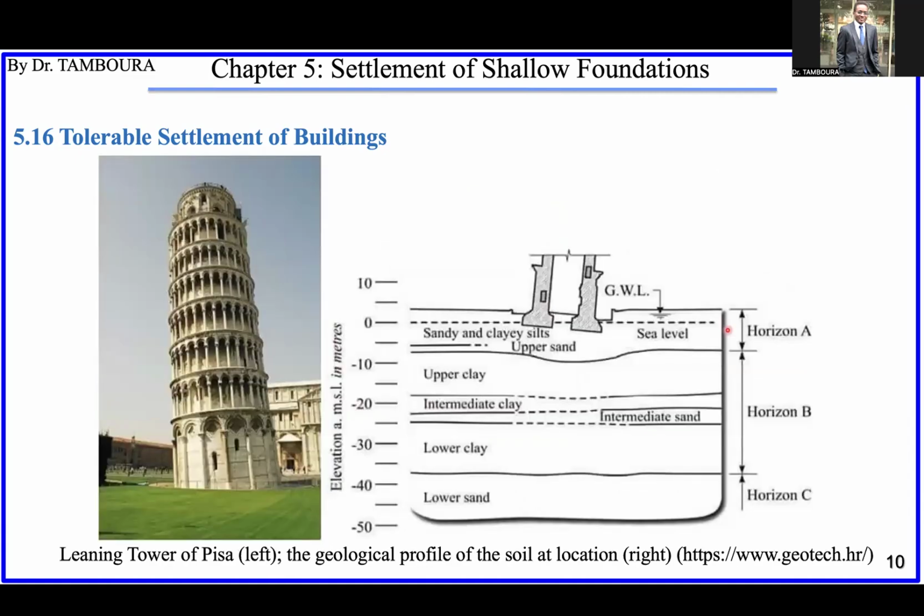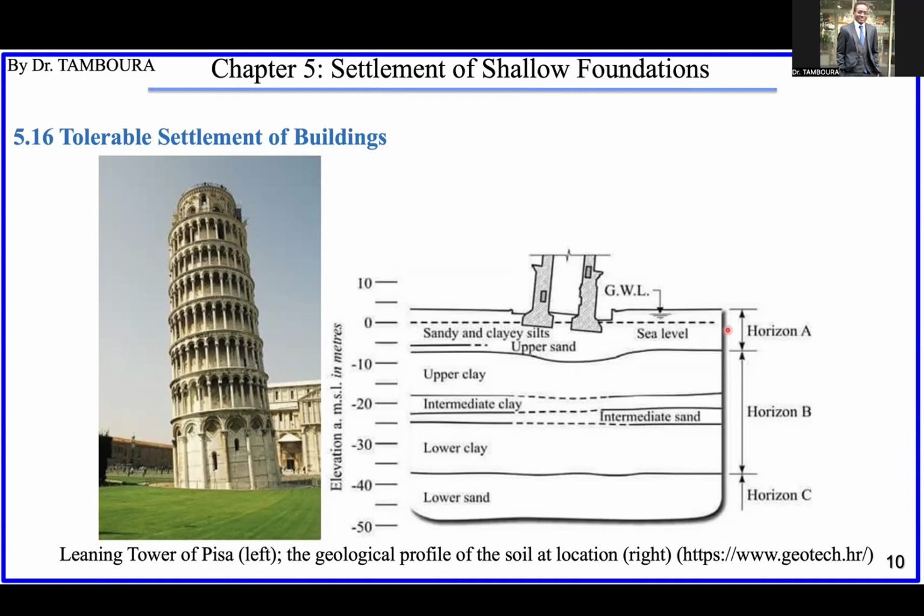And maybe you know about this one, very famous case, the tower in Pisa in Italy. And you can see that this one is corresponding to the settlement where the building is tilting.